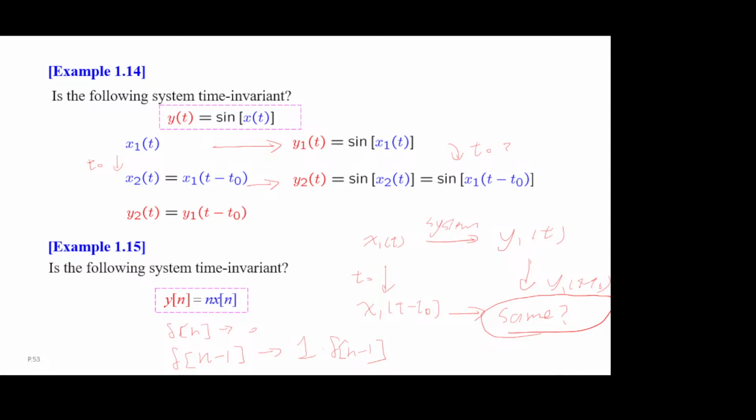You see this is not a time shift of the zero output. So this is time dependent.